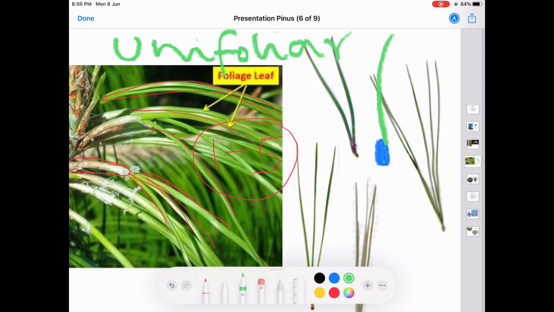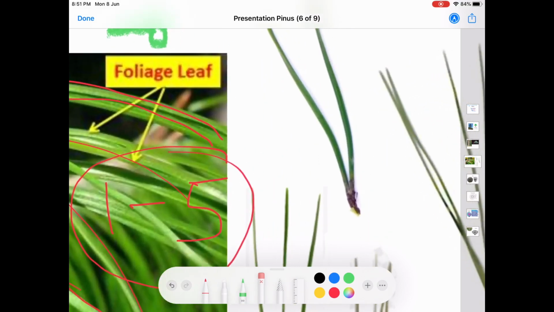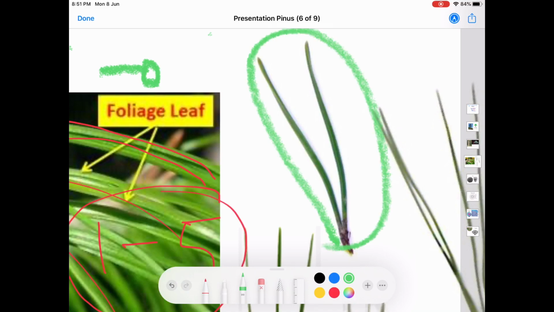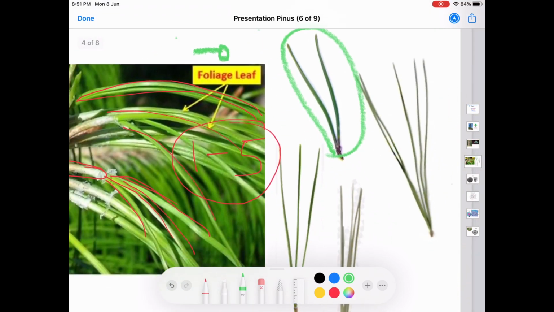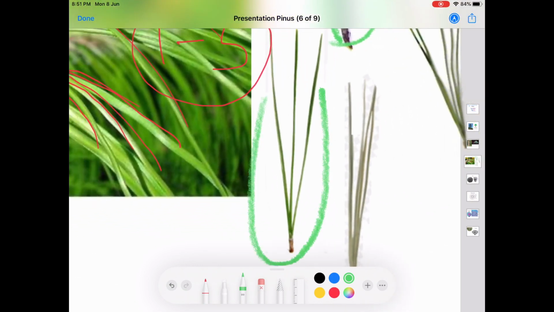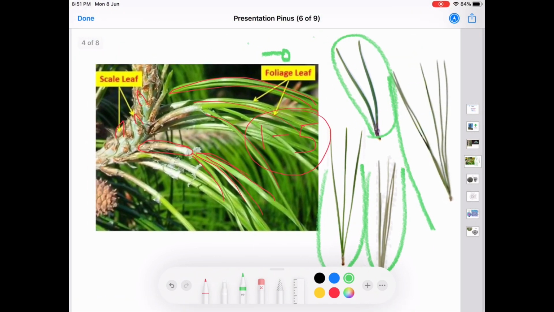If it is with 2 leaves, it is known as bifoliar. Thus, trifoliar, tetrafoliar, and pentafoliar.